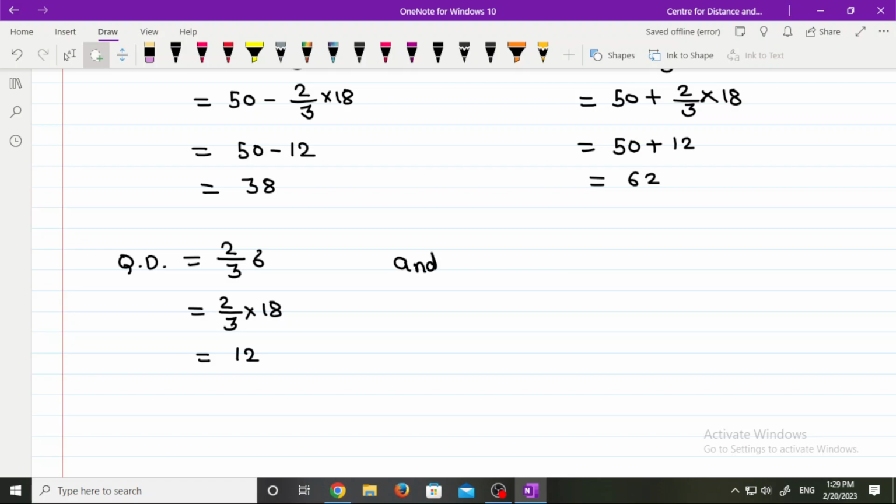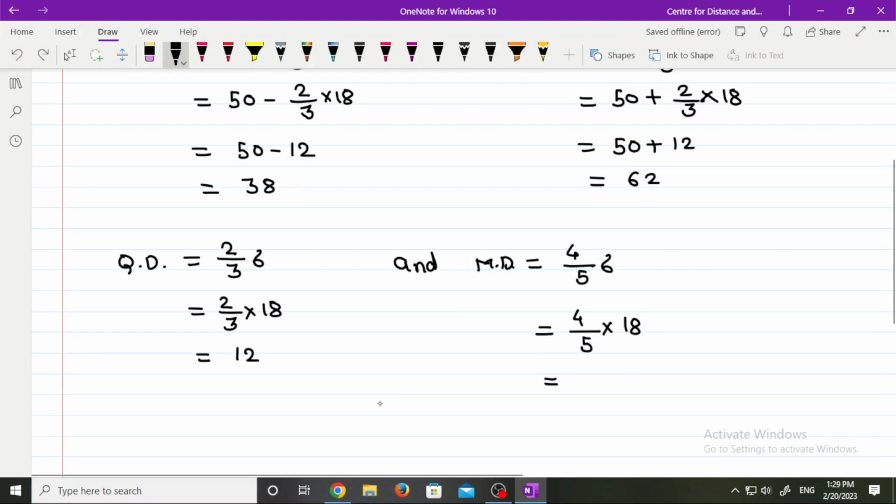And mean deviation, that is m dot d, which is given by the formula 4 by 5 sigma, which is equal to 4 by 5 into 18, which is equal to, when we multiply 4 into 18, here we get 72. 18 4s are 72 divided by 5, which is equal to 14.4.